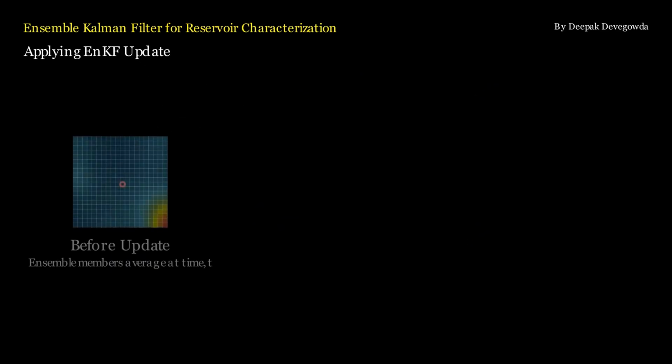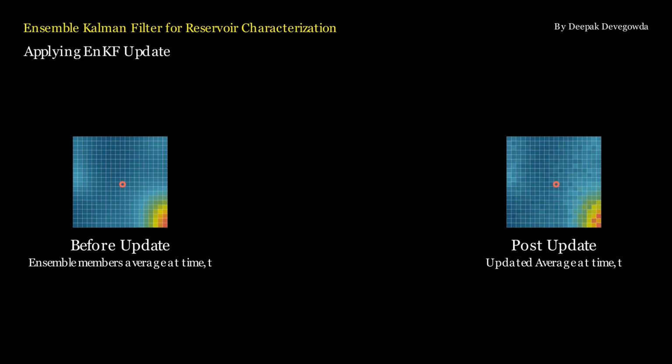So when we apply this update using the cross covariances, we are going to be updating the ensemble members individually, and so we have an ensemble member average at a specific time, and we'll also have an updated average at the same time.